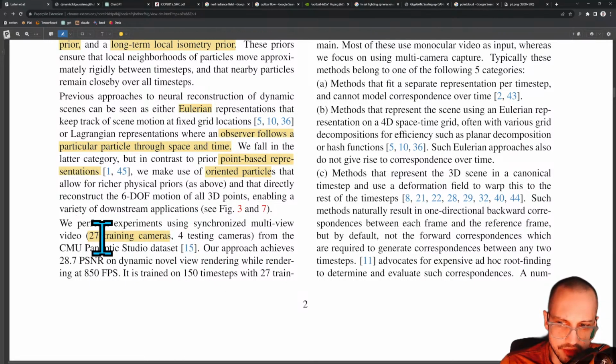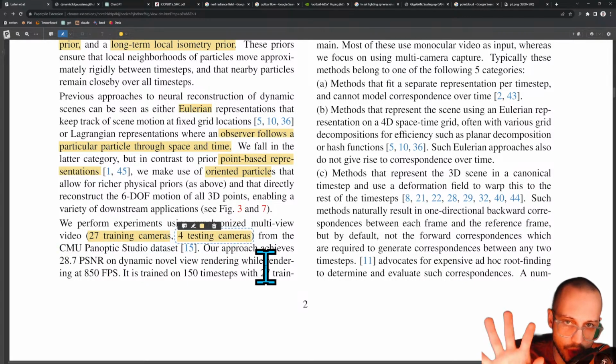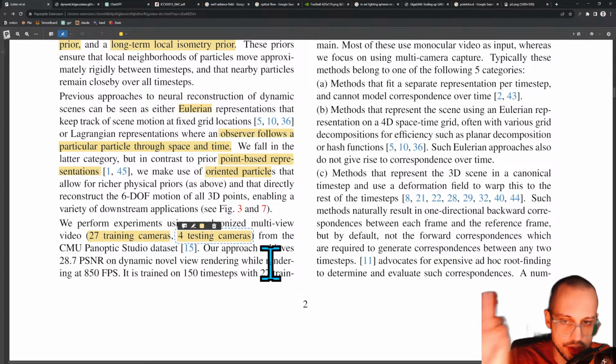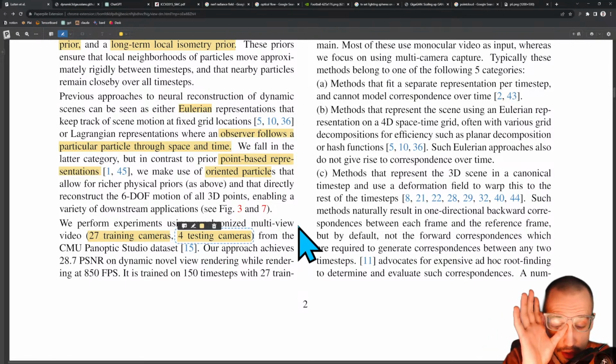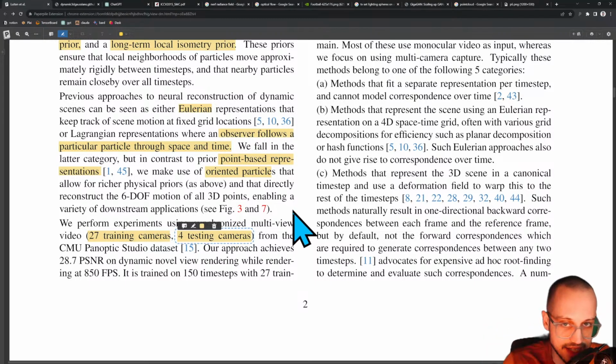You see how they have 27 training cameras and then 4 testing cameras. So they're going to have 4 cameras that they're never going to use for training, but they're going to use those ground truth images as a way to evaluate how good these dynamic Gaussians can reconstruct that exact image. So they're doing a train-test split on their cameras.